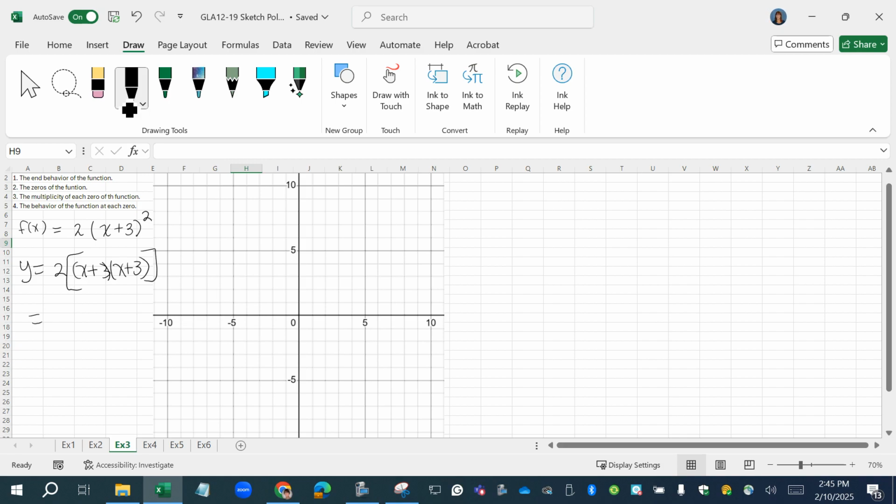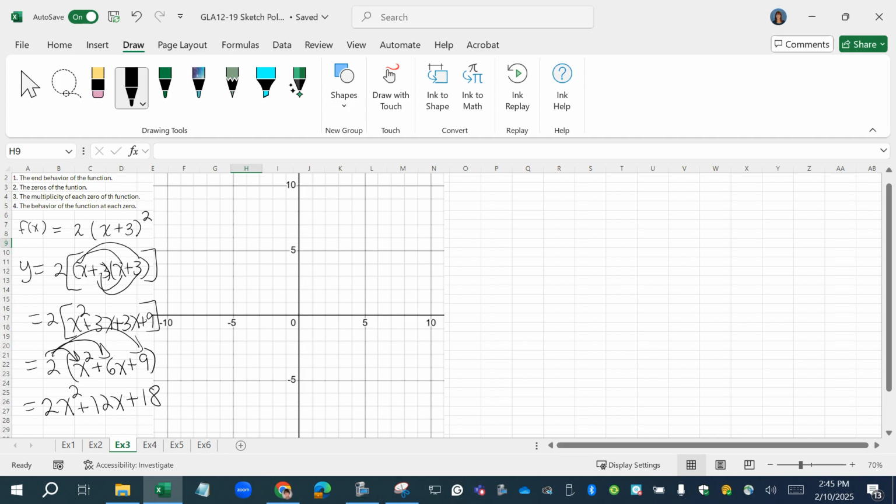And then FOIL the inside, so we multiply x times x to get x squared, x times 3 to get 3x, 3 times x to get another 3x, and then 3 times 3 to get 9. Then we could combine like terms so that the 3x and the 3x are combined to be 6x. And then finally we could distribute the lead coefficient: 2x squared plus 12x plus 18.